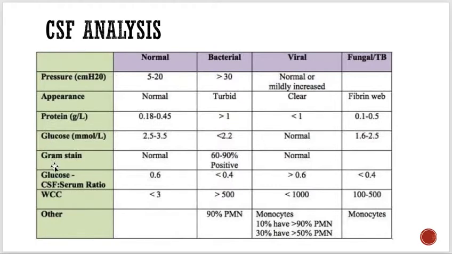So of course, a blood sample of glucose should be taken with a CSF sample, and then we interpret this. Normally, the CSF glucose should be around 60% of what is present in the blood.